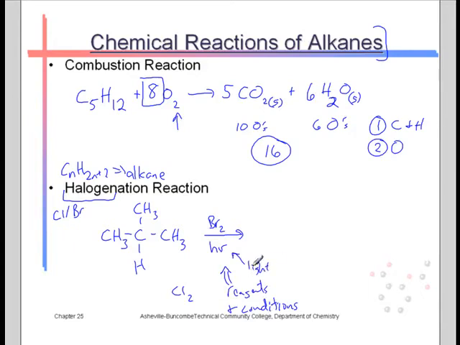That acts as an activator to get this reaction started. And what's going to happen is that we are going to replace one of the hydrogens here. In this particular example, it's going to be that one, with the halogen, whichever one we choose, bromine or chlorine. And then that completes the halogenation reaction.